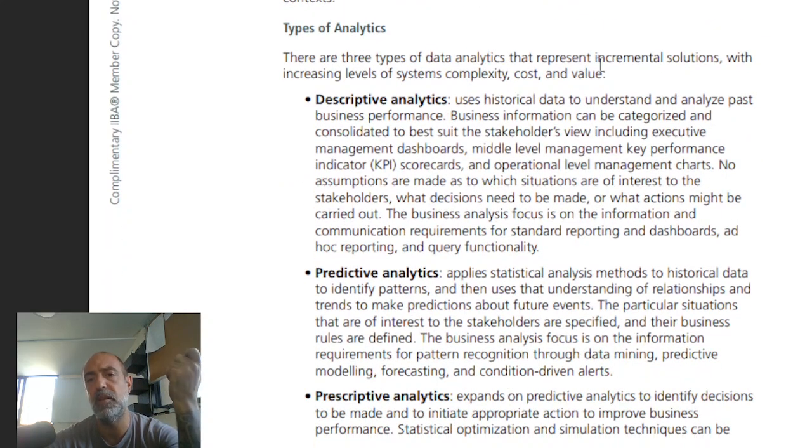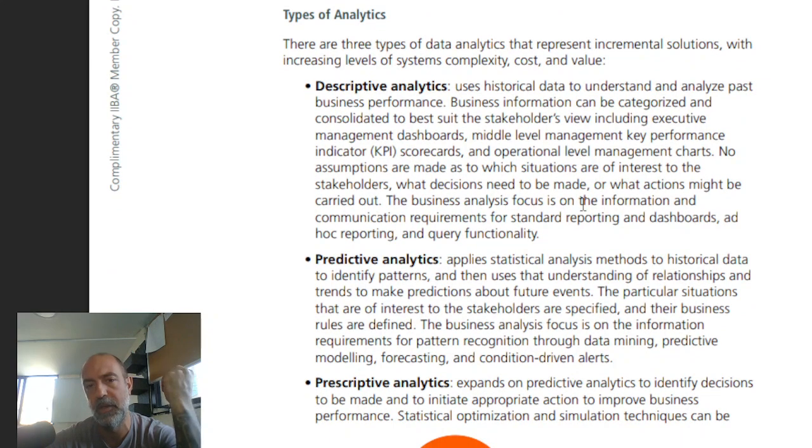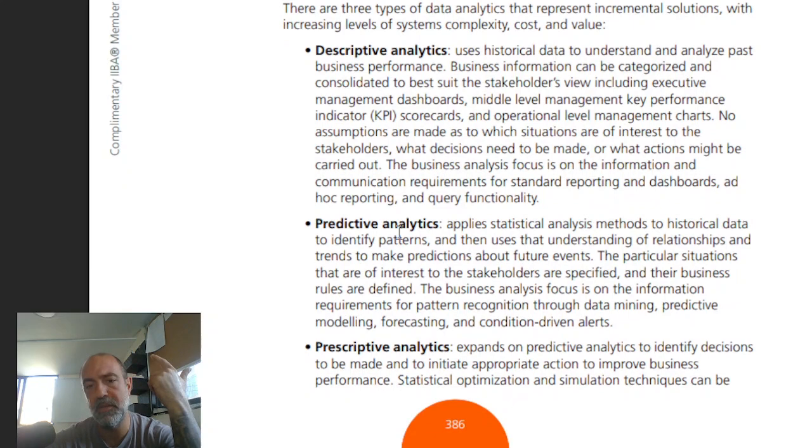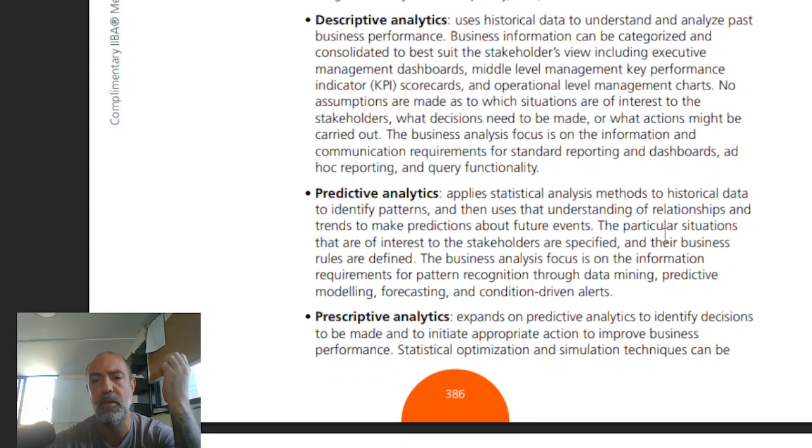There are three types of data analytics that represent incremental solutions with increasing levels of system complexity and cost: descriptive analysis, predictive analysis, and prescriptive analysis. Descriptive analysis uses historical data to analyze past performance. Business information can be categorized and consolidated to best suit the stakeholders' view, including executive management dashboards, middle-level management key performance indicators, scorecards, and operational level management charts.